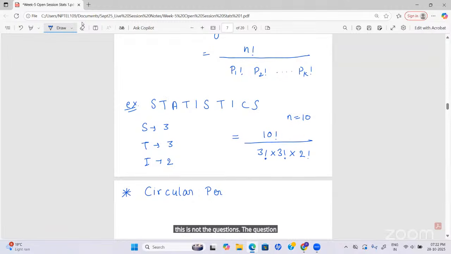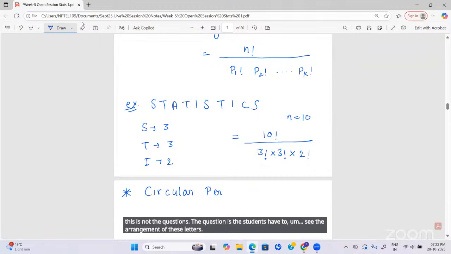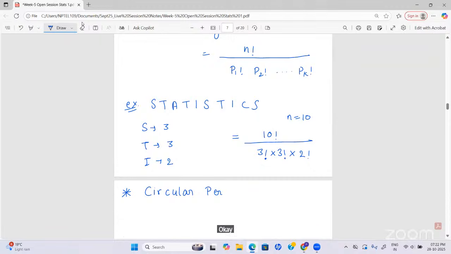You just have to see the arrangement of these letters. Here S is coming 3 times, so you can take S 3 times, and you can take only 3 times, not 4 times.